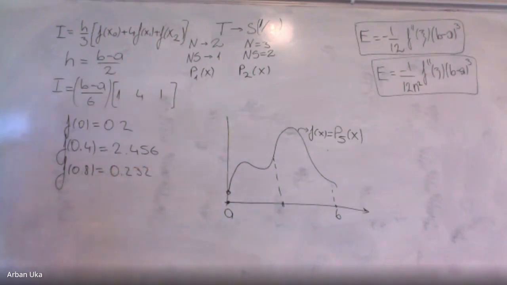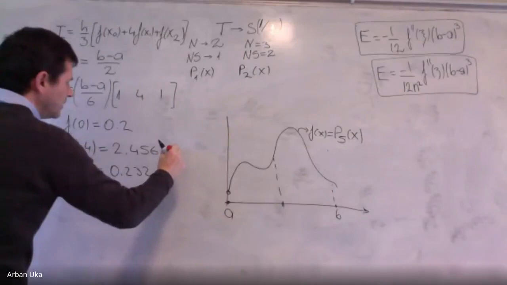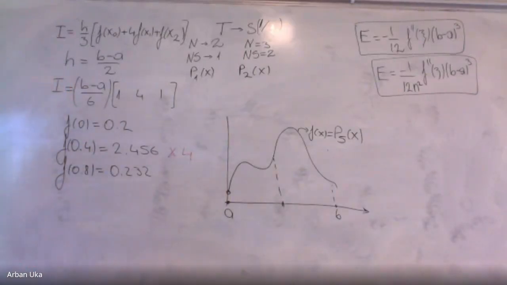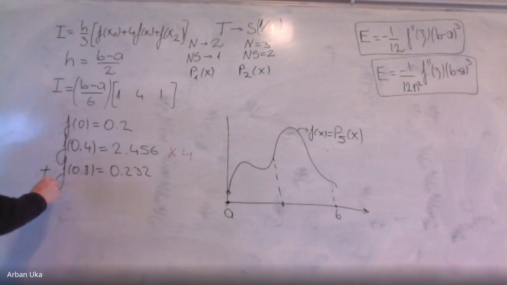So the next thing that we need to do here is multiply the middle term by 4. Okay? So we just multiply this by 4, and then we add this up. So we sum all of these together.